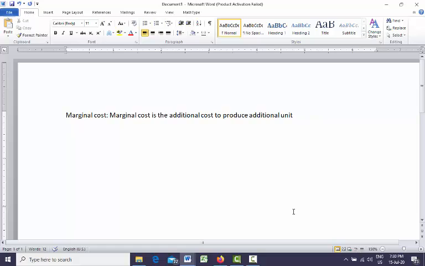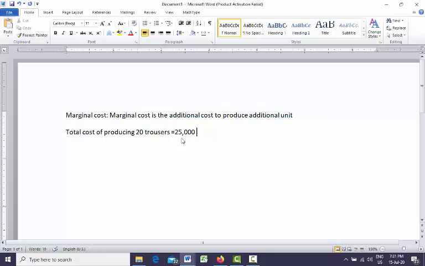So let me explain it in more detail. Suppose the total cost of producing 20 trousers is equal to 25,000 taka.